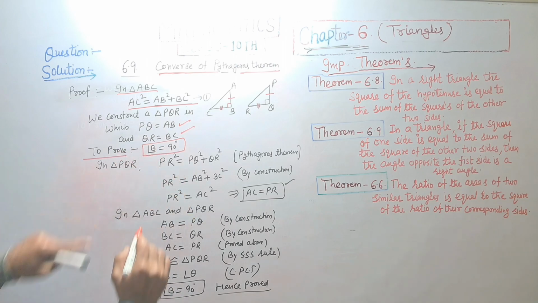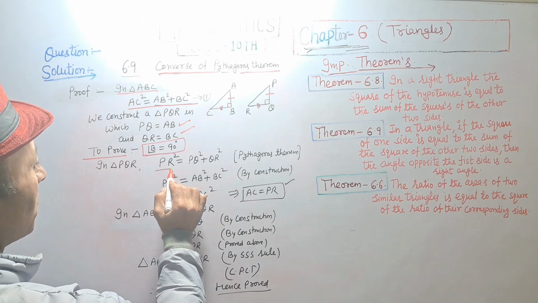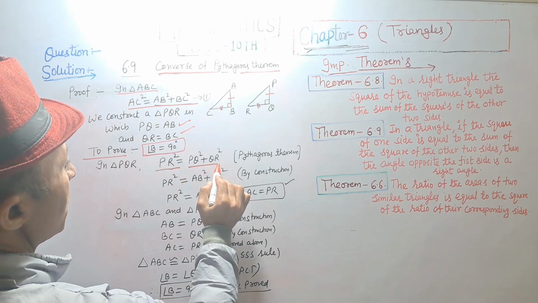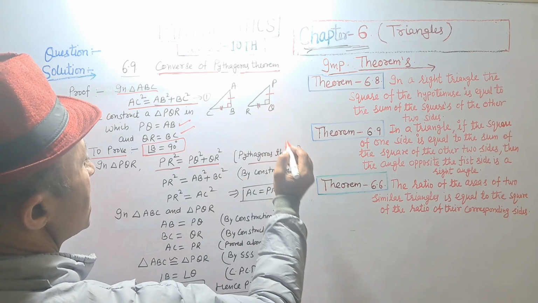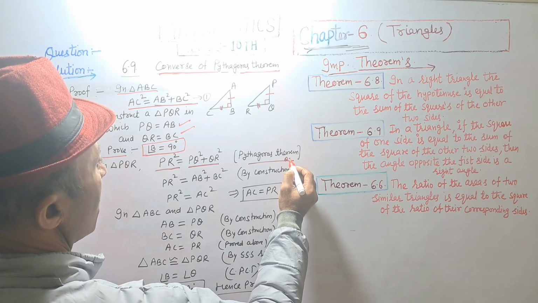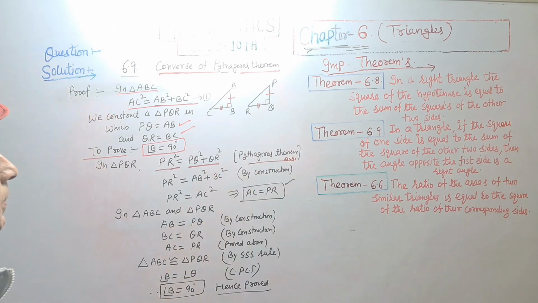In triangle PQR, PR square is equal to PQ square plus QR square by Pythagoras theorem, in which angle Q is equal to 90 degrees. Q is a right angle.